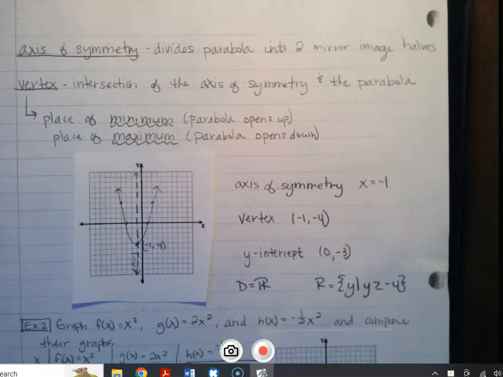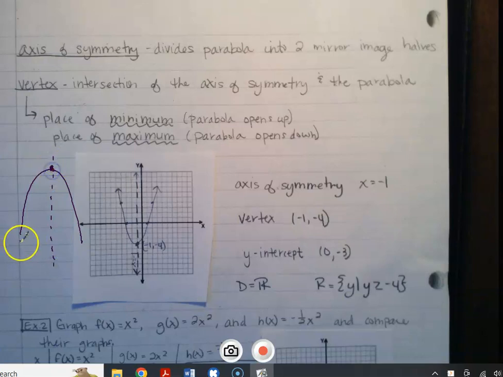Now, this point can either be the place of the minimum or the place of the maximum. If my graph opens up, this is the lowest point on my graph. So would I call this the minimum or the maximum? The minimum. Okay, fantastic. If my graph was like this, here's my vertex and my line of symmetry.